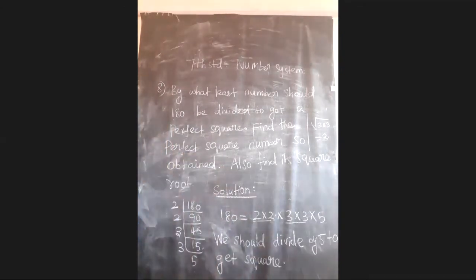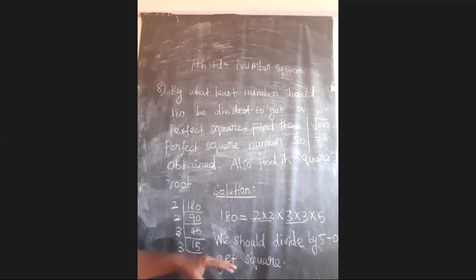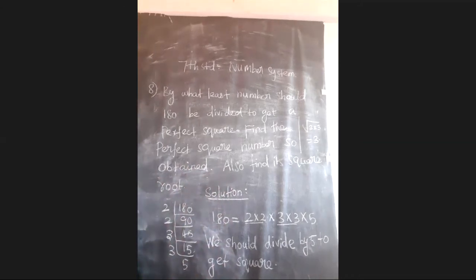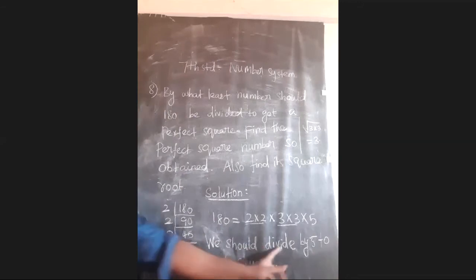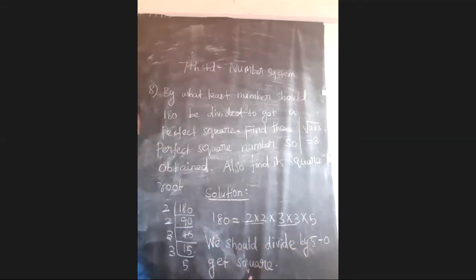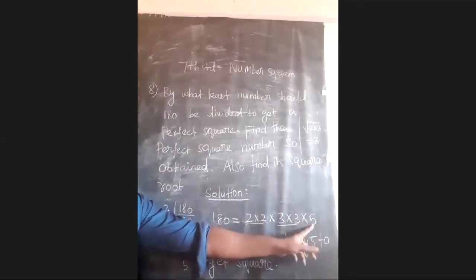Okay, so please note down the answer. We should divide by 5 to get a perfect square. Our answers are not over, so we have to find another answer also. We should divide by 5 to get a perfect square, because 5 is not repeated twice.